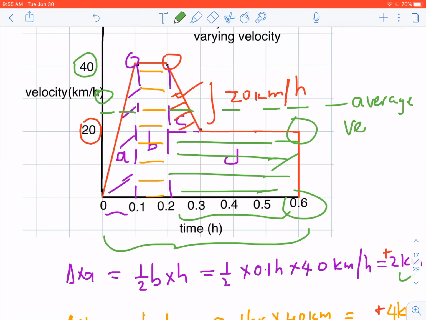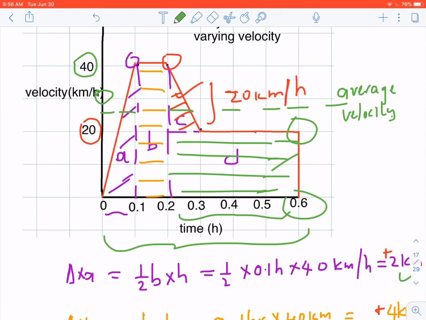Average velocity. And if we got the average velocity there, let's just neaten this up a bit. Here we got the average velocity, right?